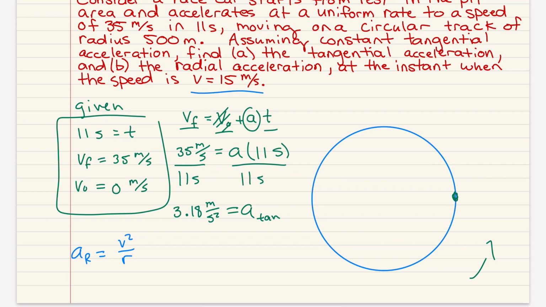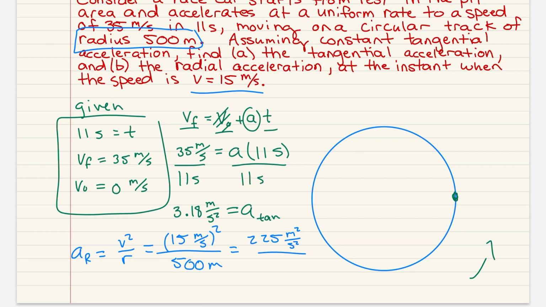And of course, earlier in the question, it tells us the radius of the circular motion is 500 meters. So we have everything we need to plug straight in here: 15 meters per second, quantity squared, over 500 meters. Now I'm going to square 15 in my calculator really quick. That should give me 225 meters squared per second squared over 500 meters.